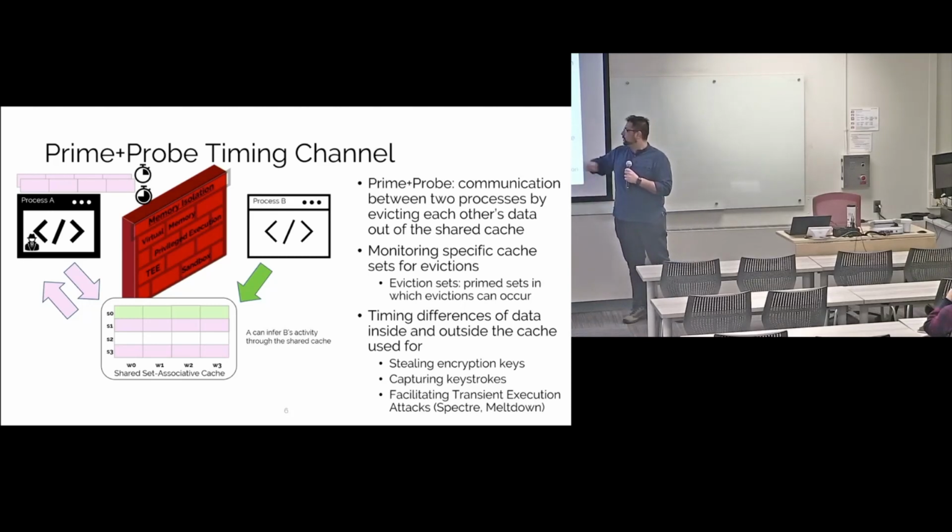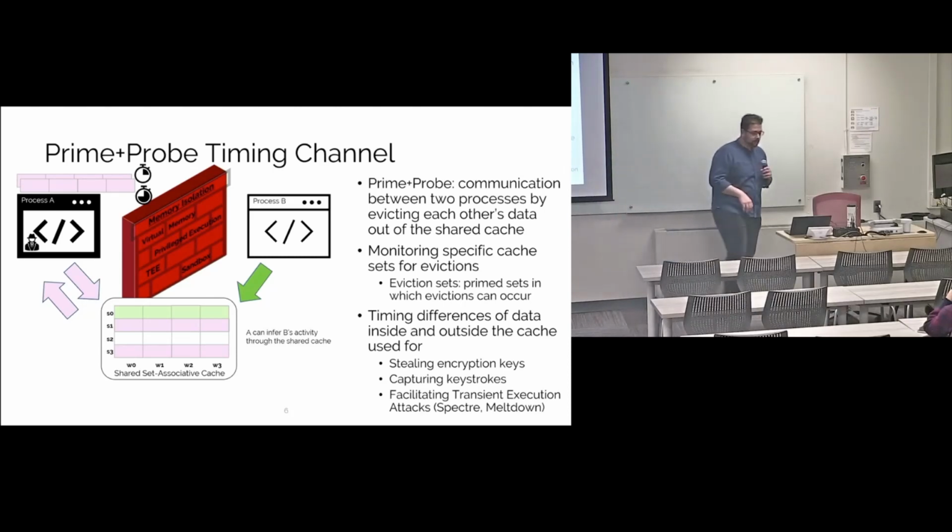Then you can use it to capture keystrokes. You can use it to fingerprint any application that's running, because you can exactly understand its cache utilization. If I'm on a shared server, I can figure out which applications are running, if I have a prior model I can compare against. And then of course, these are used for facilitating transient execution attacks, as we'll see a little later.